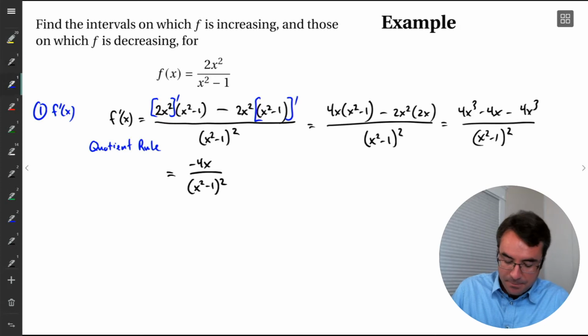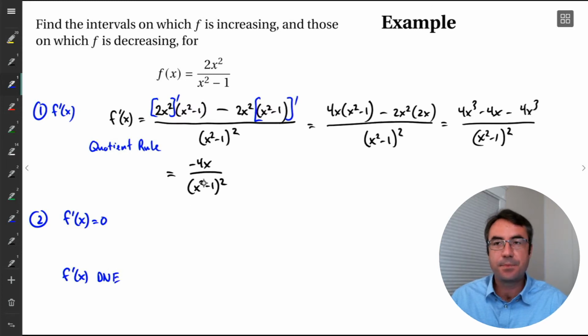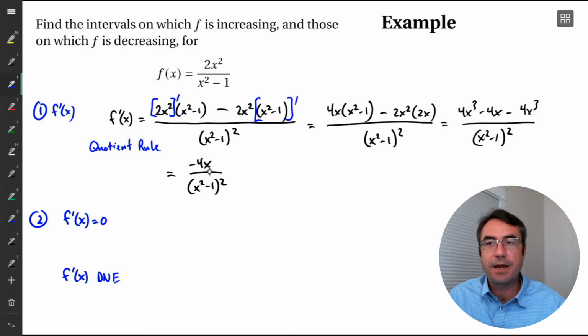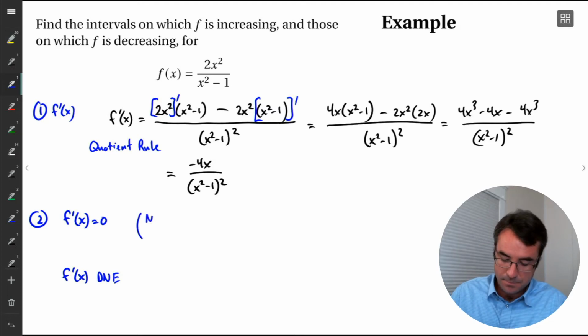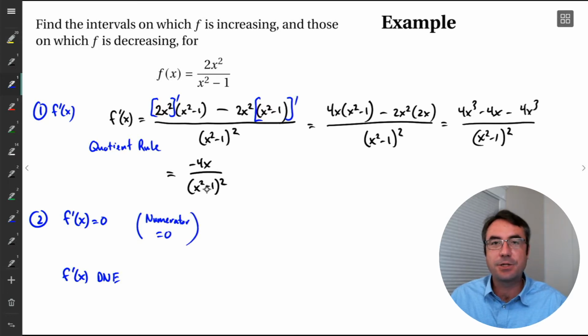So now the next step is we want to look at where the derivative is 0 and where the derivative is undefined. And for a fraction, the only way a fraction can be equal to 0 is if the numerator is 0. And for a fraction to be undefined, when it's a rational function like this, a polynomial divided by a polynomial, the way it can be undefined is if the denominator is equal to 0.